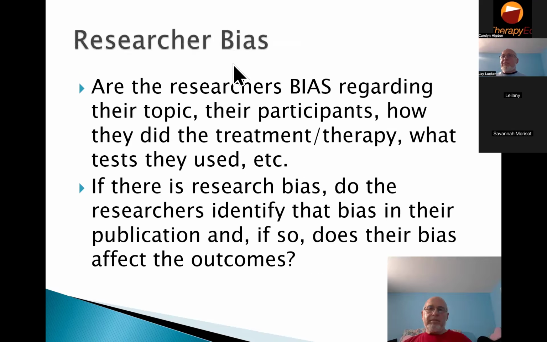Researcher bias. What is that? Real quick. Researchers very often can be biased. I just developed the XYZ test. Well, before you even finish the research, would you agree with me that I'm probably biased, that I want the XYZ test to be better than the standard test so you'll buy it, right? Because it's my test.